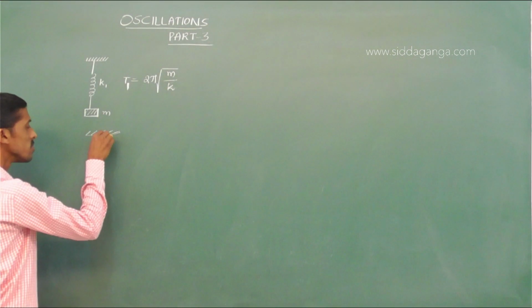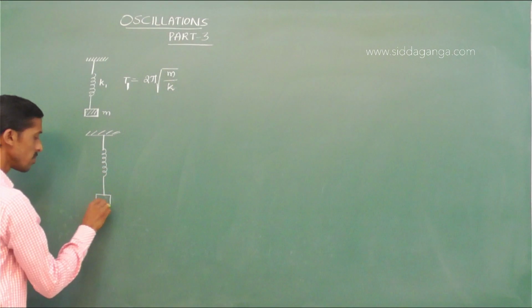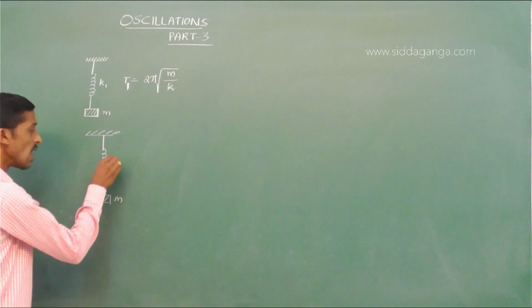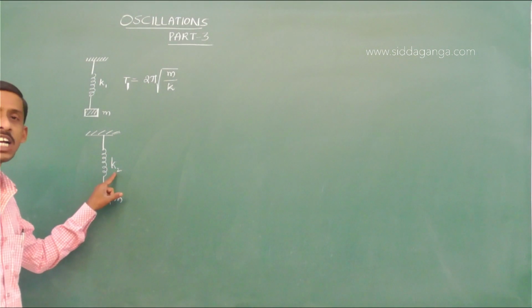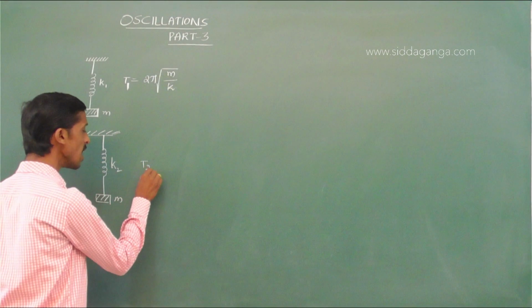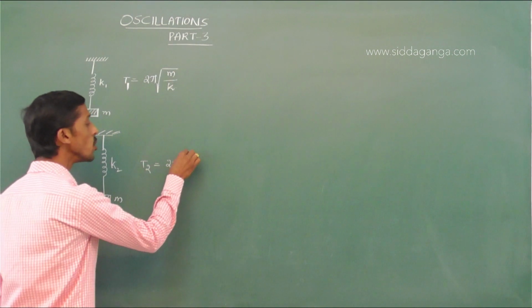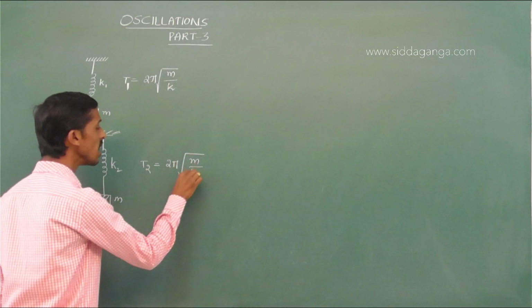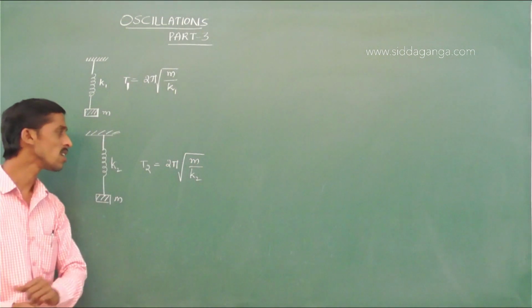When the same load is connected to another spring of spring constant K2, the time period measured, T2, is equal to 2π root of M by K2. So here it is M by K1, and here it is M by K2.